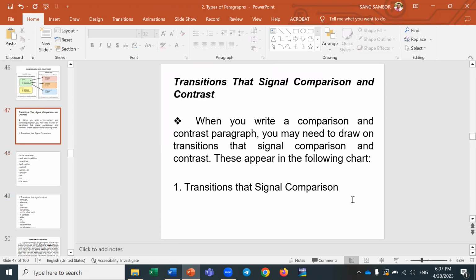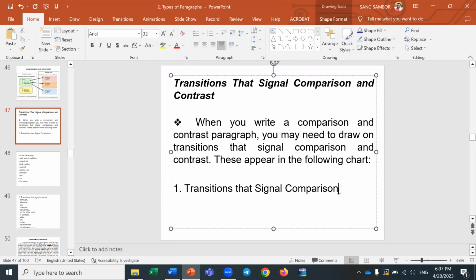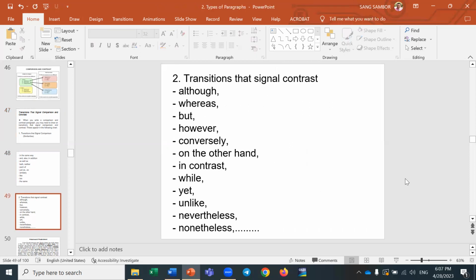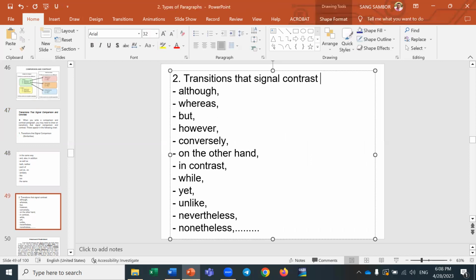So here, comparison. Let me write another one. Similarity. Okay. I just want to make sure that the comparison points out similarity. The difference here, this one is different.